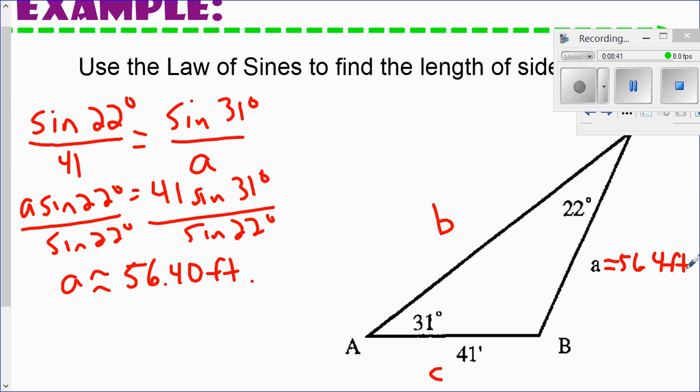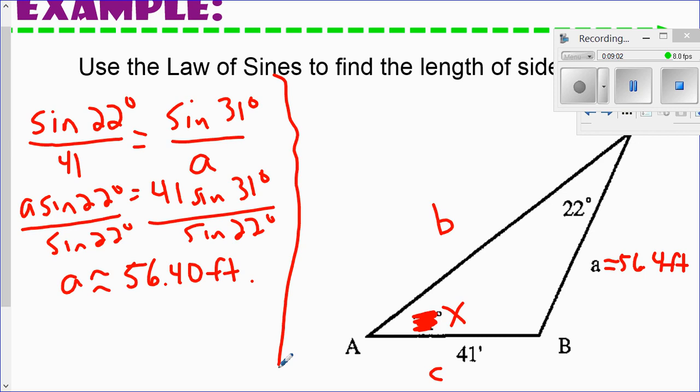Now, sometimes we can use the law of sines to find angle measures. So we're going to do this problem, but we're going to pretend for a moment that we didn't know this angle, 31. So let's say that that's what we're looking for. So I'm going to rewrite my ratio a little bit here.